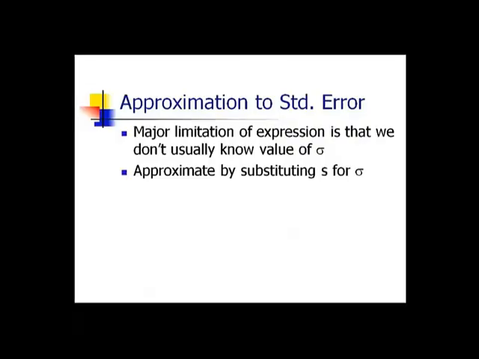So one method that's often used is to take our sample standard deviation, especially if it's a sample over size 30, and substitute that in place of sigma. As we'll see, it doesn't even have to be for a sample over size 30. So we end up getting our standard error formula, the standard error of X bar being equal to S over the square root of n, two things that we know or can easily get.